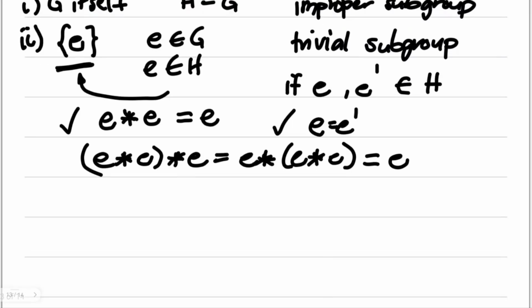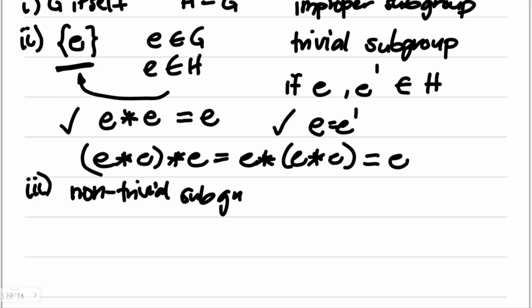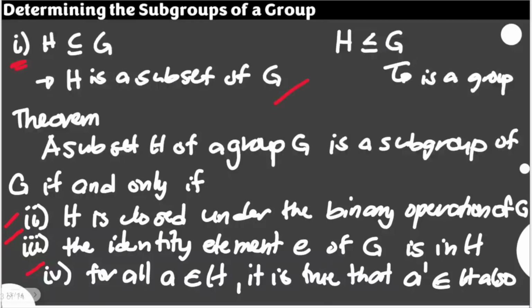And the last one is the consideration for the non-trivial subgroups, which are all H that are not the same as set G. At this point, this is where your theorem and considerations apply.